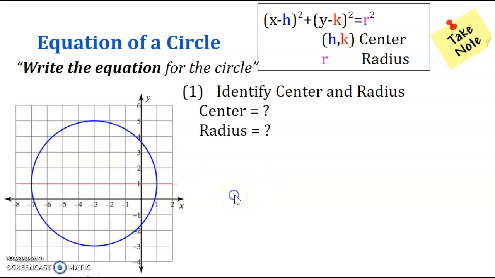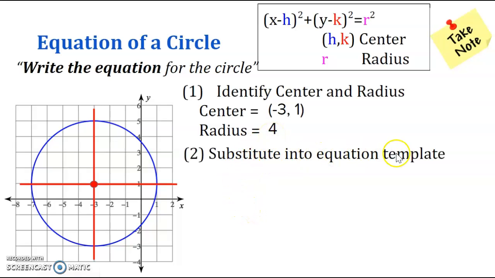To figure out the center, we draw a horizontal line connecting the widest point of the circle and a vertical line connecting the widest point vertically. And so that tells me the center is -3, 1. The radius is how far the circle is from the center. That's 4 units away, so the radius is 4.